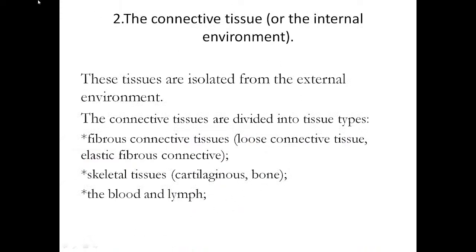Next is the connective tissue. These tissues are isolated from the external environment. The connective tissues are divided into types: fibrous connective tissue, loose connective tissue, elastic fibrous connective tissue, and skeletal tissue, cartilaginous and bone, and the blood and lymph.